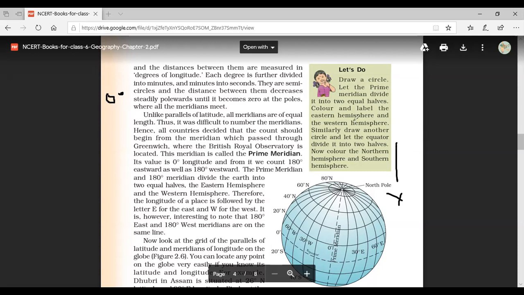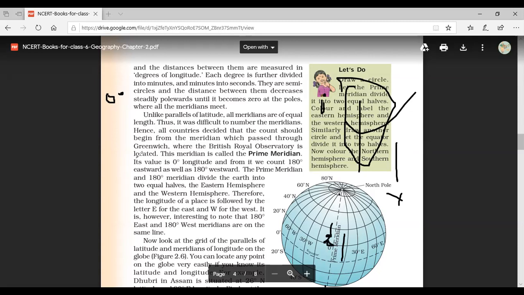But it was decided that Greenwich, which is in London, the meridian which passes through it, would be considered the prime meridian. It would be considered 0 degree for the whole world, at the center of all the longitudes. So here we have the prime meridian at 0°, which passes through Greenwich in London.